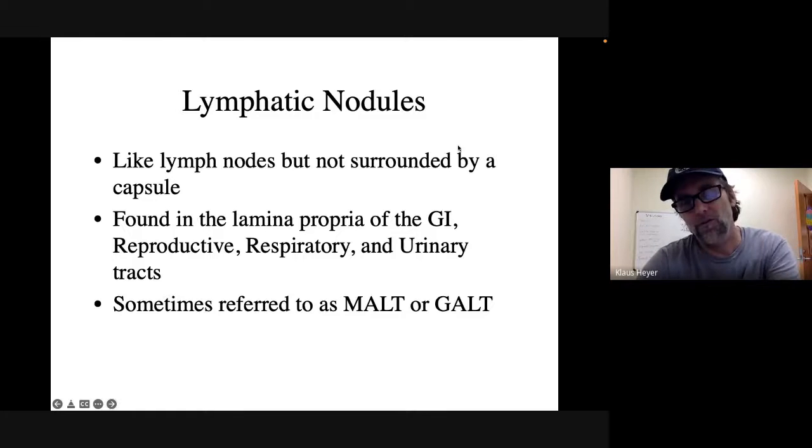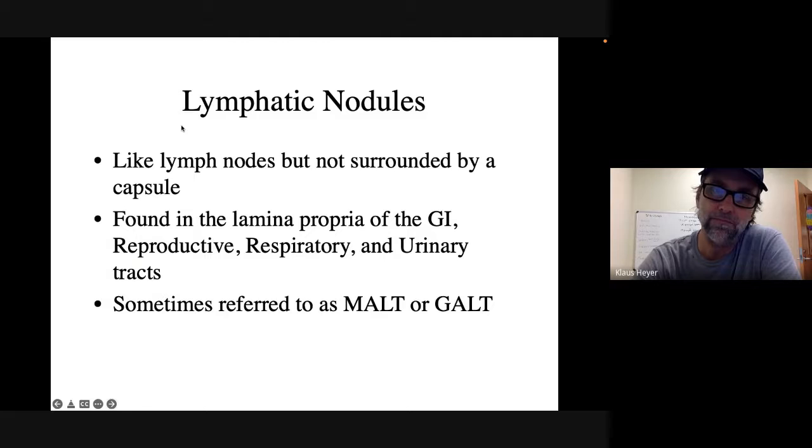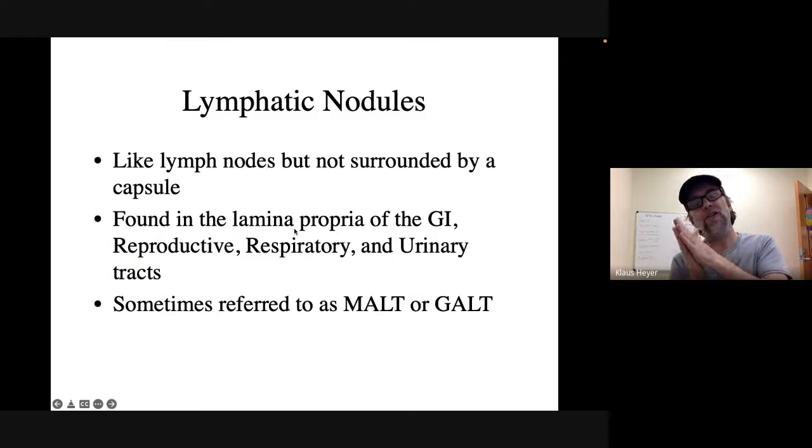All right. Here's the third thing: lymphatic nodules. The lamina propria is the layer underneath your epithelial tissue. So you find them in any tubes in your body. You're going to breathe in, and you've got your trachea and bronchioles. What's the lining of your trachea, your windpipe?